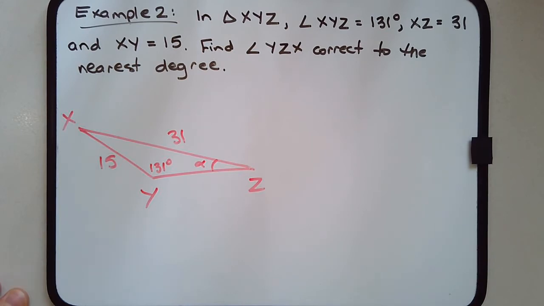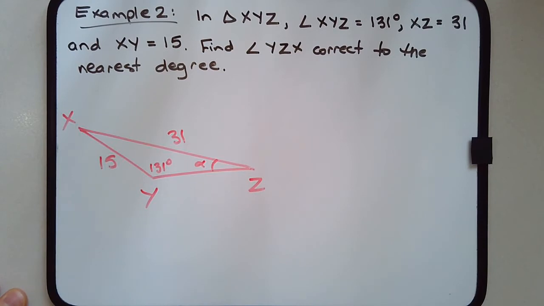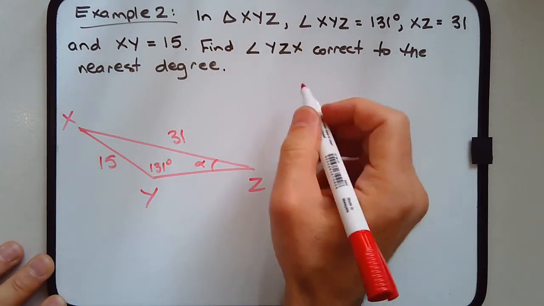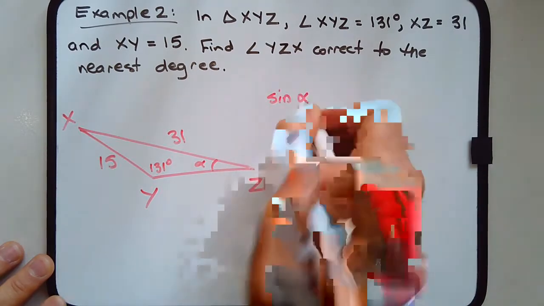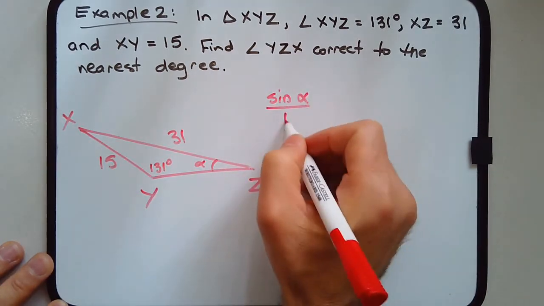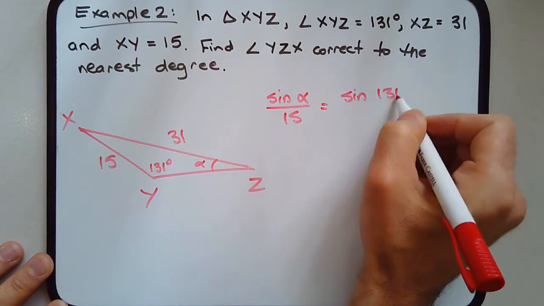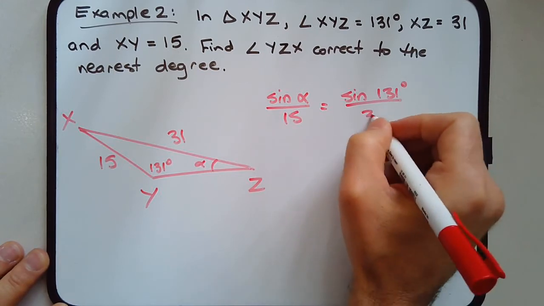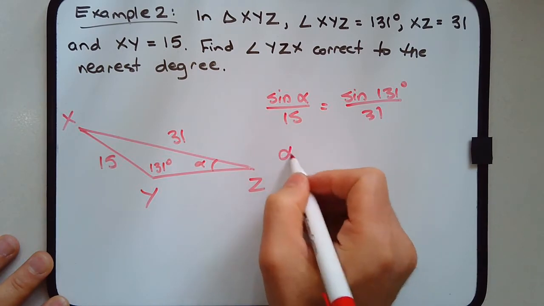Again, we do the same thing as we did in the previous example. We have a side angle pair, non-right angle triangle, which means sine rule for angles because we want to find an unknown angle. So sine of alpha over 15 is equal to sine of 131 degrees over 31. I might just skip a step here.